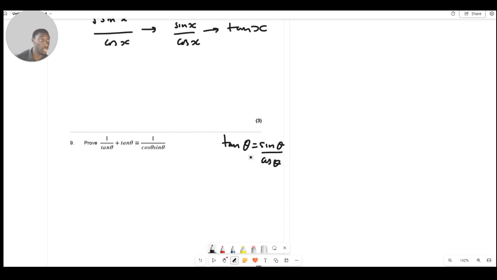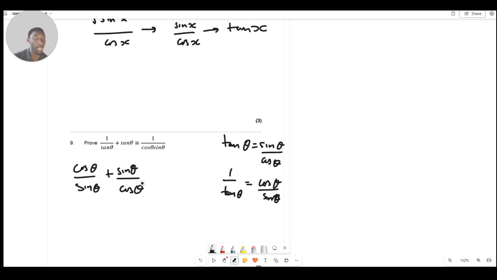now this is another insight. If I do 1 over tan theta, I'm going to have cos theta over sine theta because reciprocal. So I can rewrite this as cos theta over sine theta plus sine theta over cos theta.